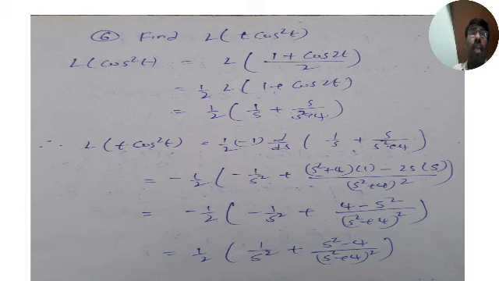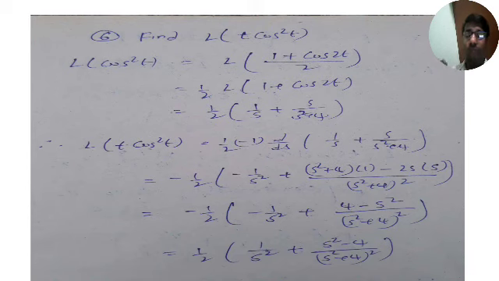Our f of t is cos square t. By seeing the problem you can identify that. It is L of t into cos square t, so it is multiplied by t. So it is the multiplication by t method. Except t, the other term is cos square t. So take f of t equal to cos square t, that is L of cos square t.